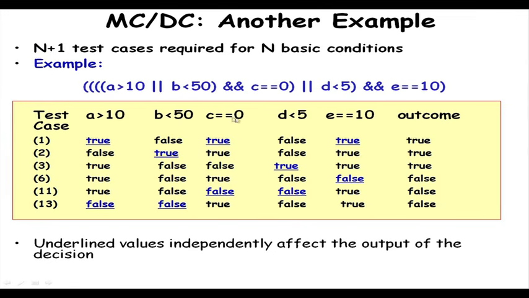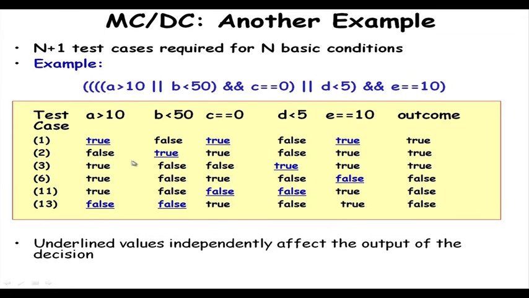So, let us see here. We have these 5 conditions listed here, and then we have the truth values listed here. When a greater than 10 is true, and these are set at false, true, false, true, and then when a greater than 10 is false and the other ones are held as before, then the output toggles.